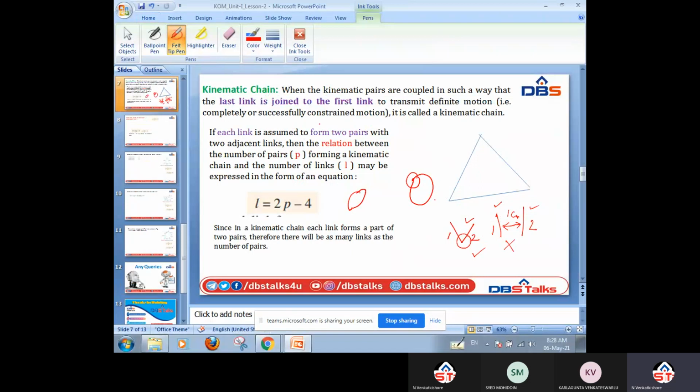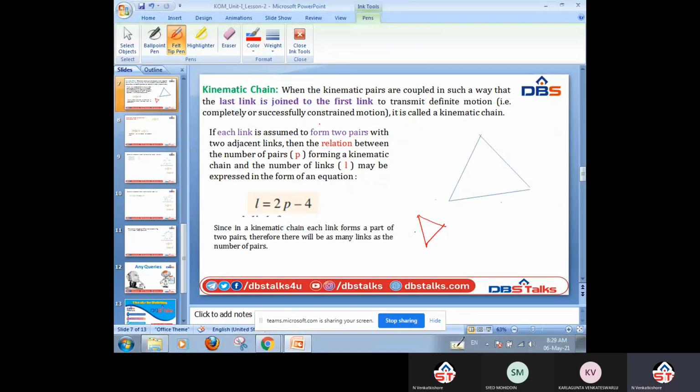Kinematic chain is nothing but the pairs are joined. This is one pair and this is another pair.